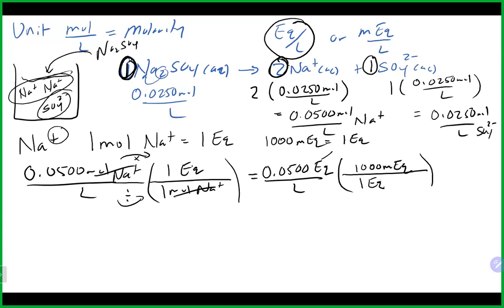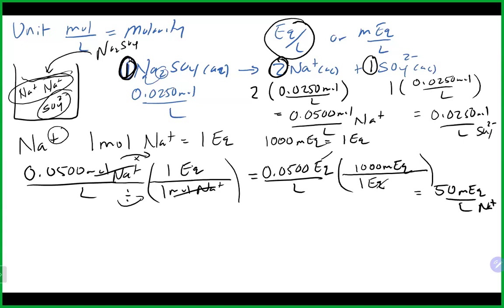And again, that's going to cancel. And that will then get us to basically 0.05 times 1,000, which will give us 50 milliequivalents per liter for sodium ion. Any questions on that calculation there?